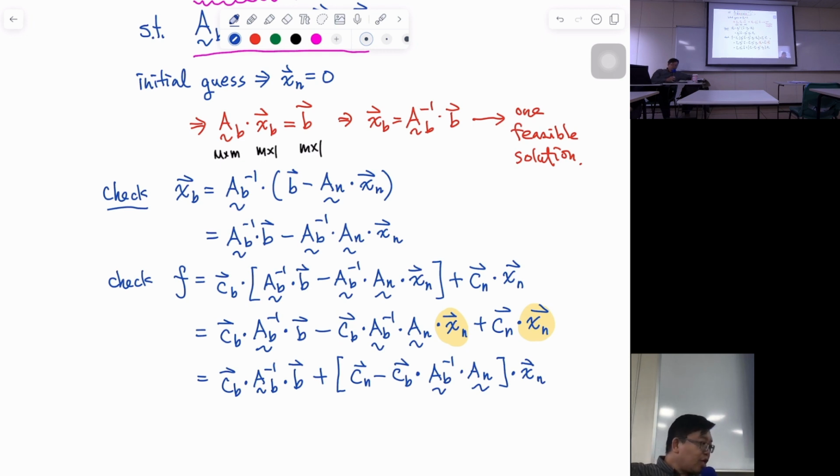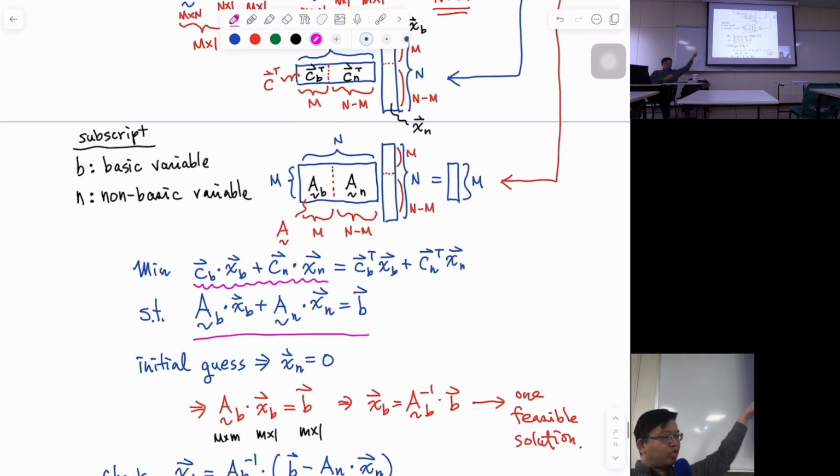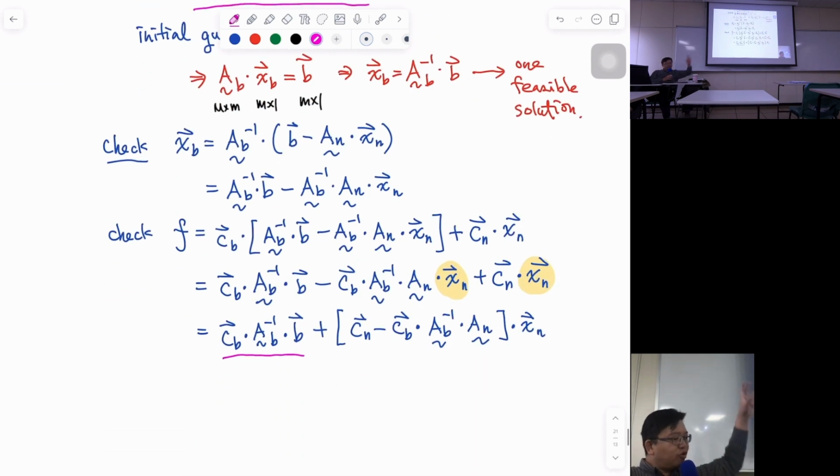What's interesting about this is that if we check on the first term, CB is a vector of the coefficients in the objective function. So basically, your objective function has a bunch of C1, C2, and C3. There are just several C's.